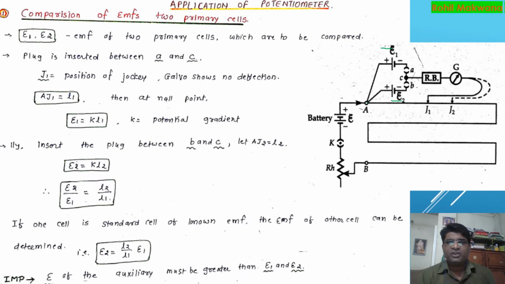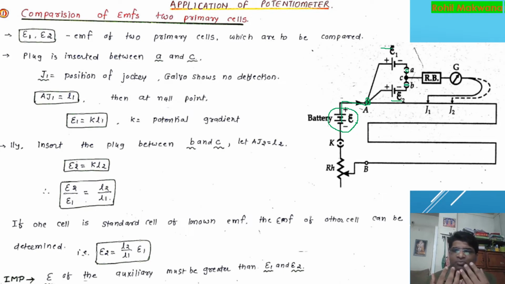They are connected to this point A. To point A, we have connected this auxiliary battery as well with the EMF equal to epsilon. To this point A, E1 and E2 are also connected, right? So what will we do? We will get the balancing length for both of these cells by putting this plug in A here and in B turn by turn.